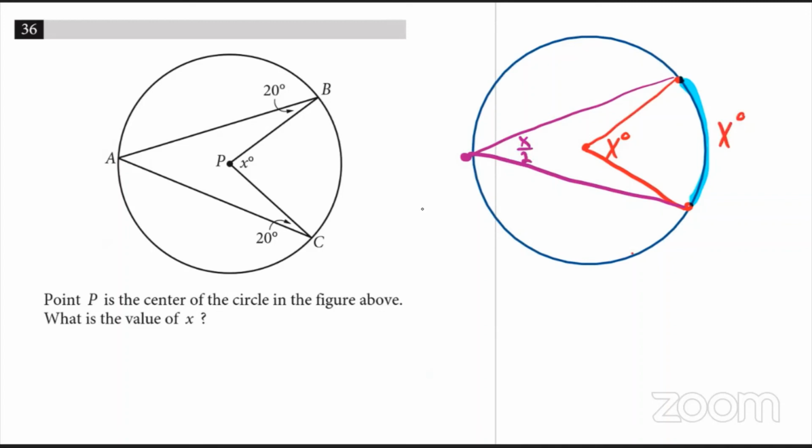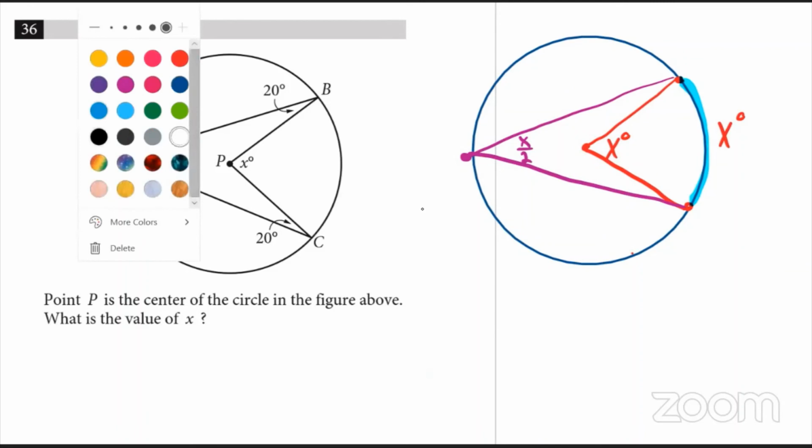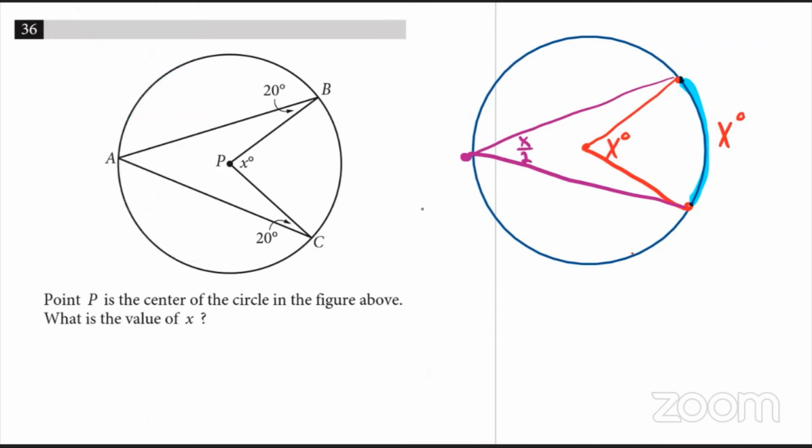But if we do this, we can do one other thing. There are 360 total degrees in a circle. So if we have x degrees in red there, then we can consider this to be the other 360, or the thing that would complete the 360. We can call that 360 minus x.